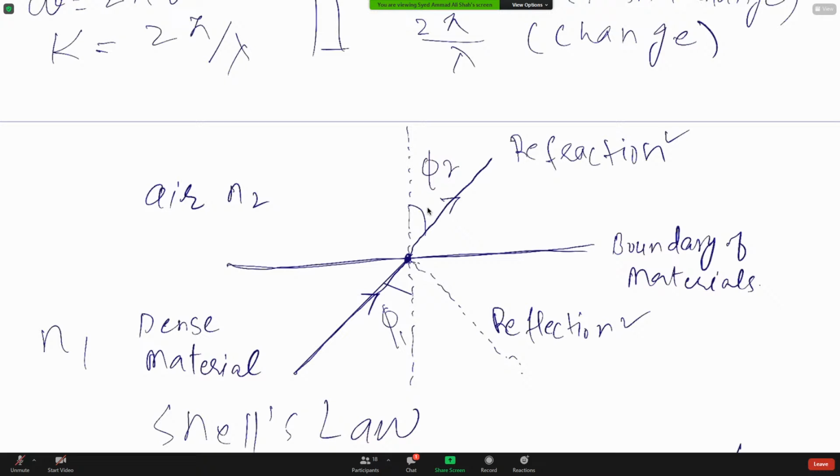And we keep bending it until phi 2 is 90 degrees. So this is the maximum angle. After this, light cannot come out. We are not sure whether it's traveling parallel to this boundary line or inside, but we are sure about one thing: it's not going out. So we say this is our critical angle, phi 1. At this critical angle, we are pretty sure no refraction is happening.